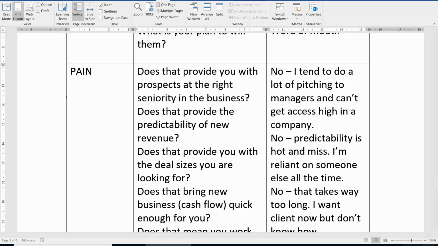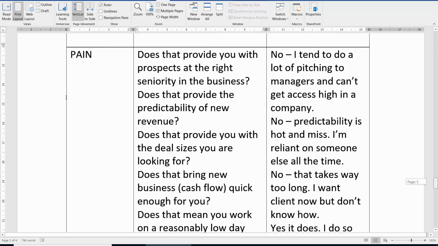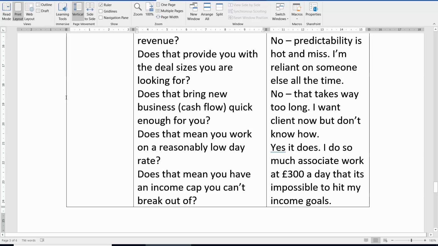Okay, cool. So I've got a general idea about how I can manage most of these conversation threads and really get to the pain point. Does that mean you work on a reasonably low day rate? If someone says, I'm working 20 days a week at the moment because I do a lot of associate work, I know my audience well enough to know that most associate work can be on very low day rates.